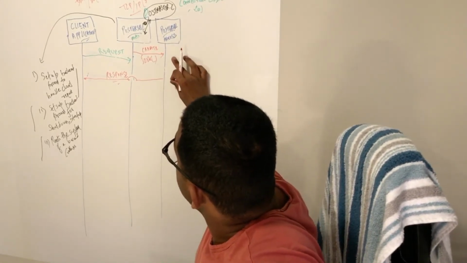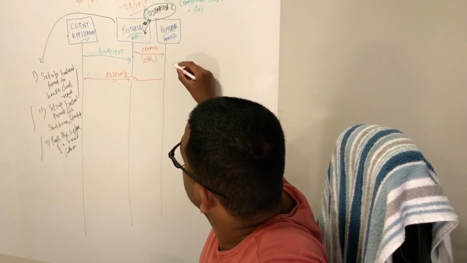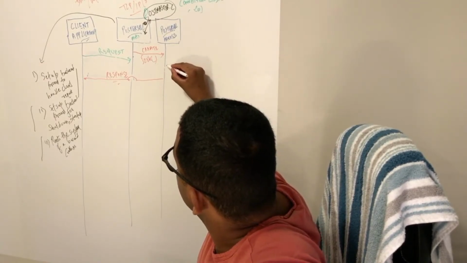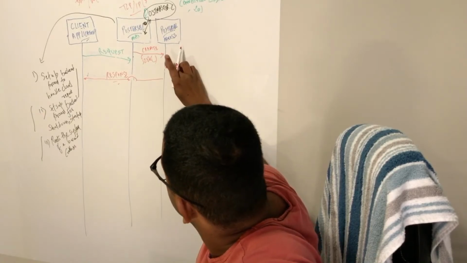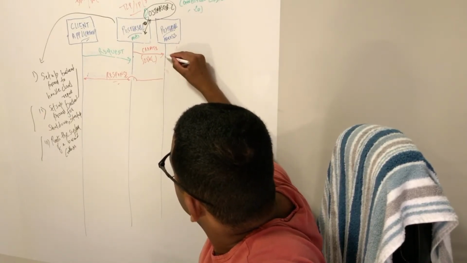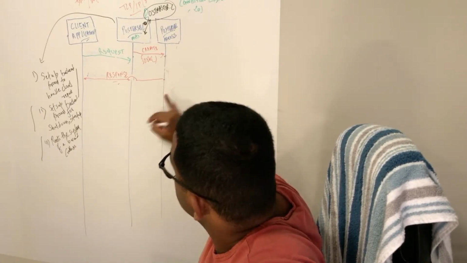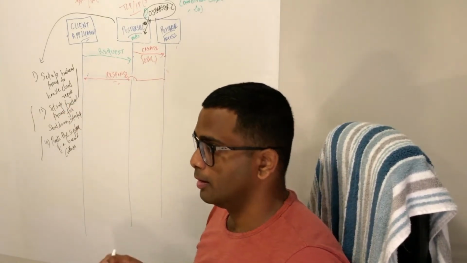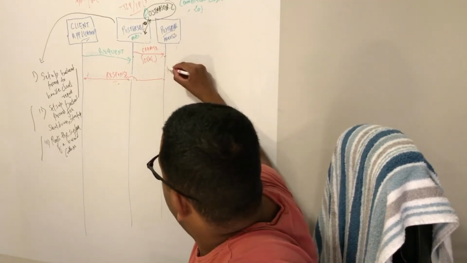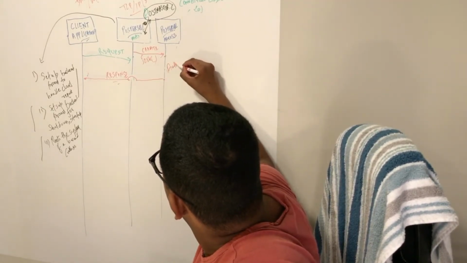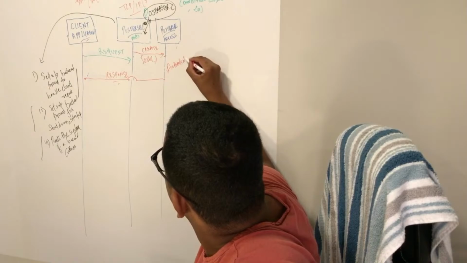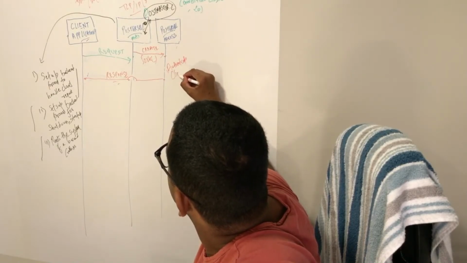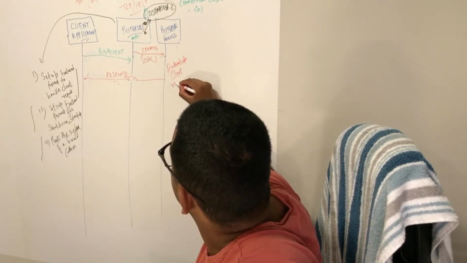So then here there would be an authentication. In between these two phases, before it can serve as a server, it will authenticate the client request.